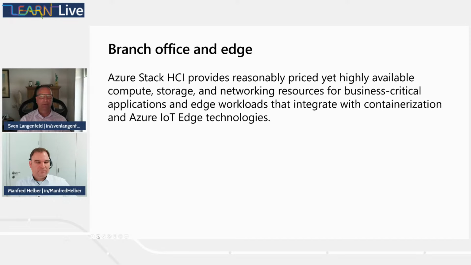And retailers want to have some kind of compute in their branches, and we have manufacturers who need powerful and reliable infrastructure in their machines and so on. And this is what branch, office, and the edge is about. Manfred, do you have any insights, any feedback about the branch, office, and edge?